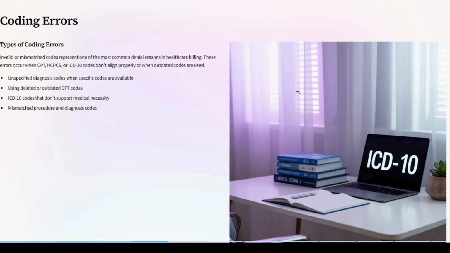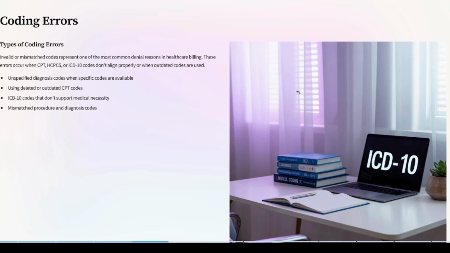Okay, so some examples include unspecified diagnosis code when specific codes are available. Next, we have using deleted or outdated CPT codes, as well as ICD-10 codes. ICD-10 codes that do not support medical necessity, and mismatched procedures and diagnosis codes.